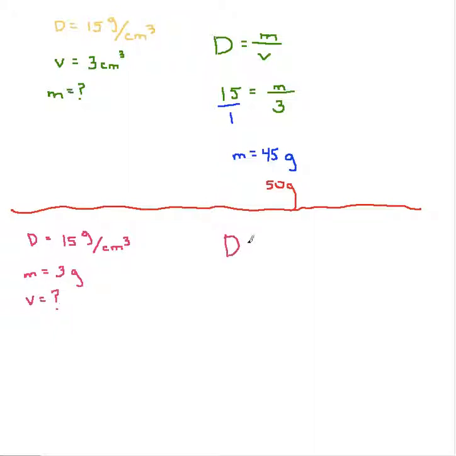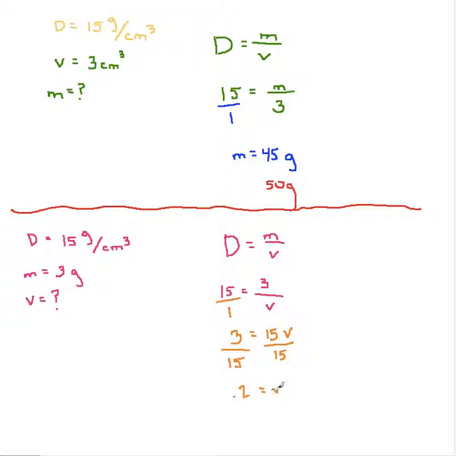Your formula, always write your formula first. Okay. My density is 15. My mass is 3. I'm trying to solve for volume. And so what you're going to end up having to do, you're going to cross multiply. So 1 times 3 is 3 equals 15 times V. Divide both sides by 15. Okay. And 3 divided by 15 is 0.2.